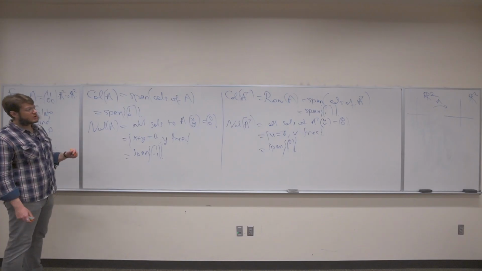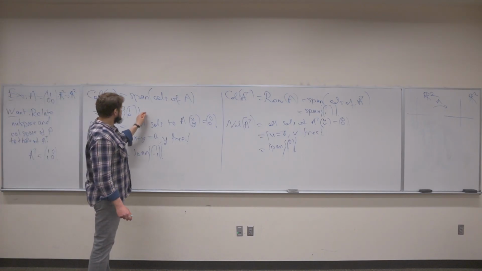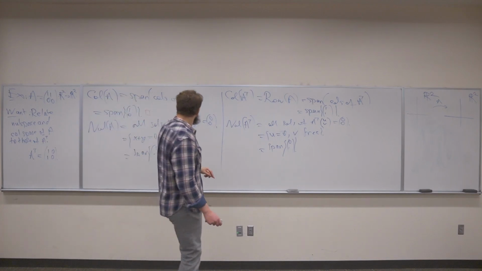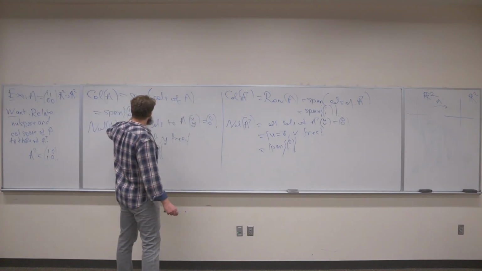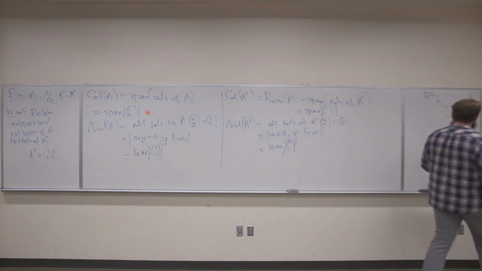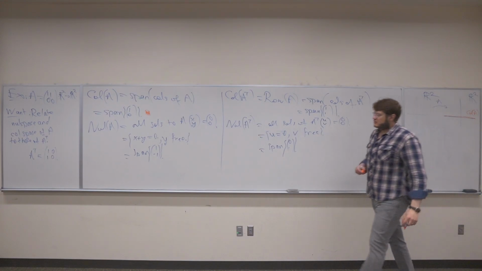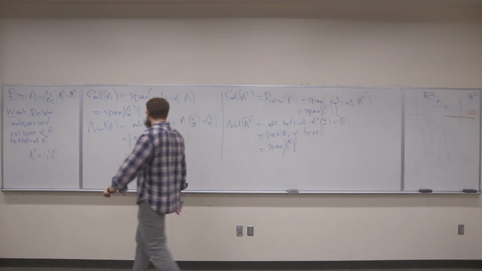So first I want to draw the column space of A. This one, orange. That's certainly the horizontal axis in the output space. Okay, that's the column space of A. What is the null space of A?